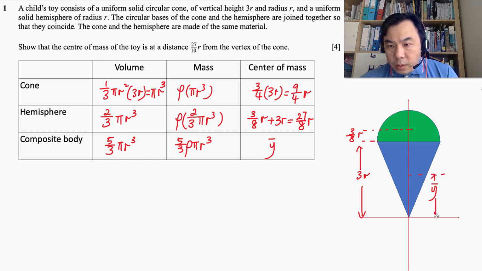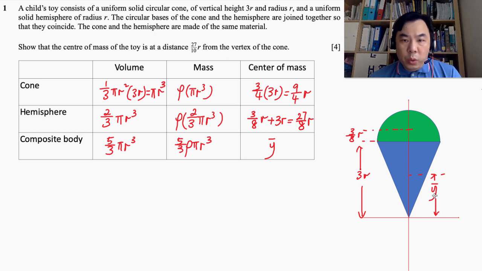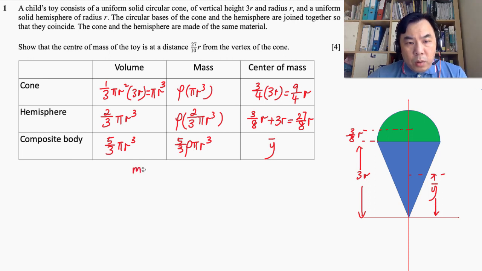And then do pay attention to the reference frame. So I'm measuring my center of mass for the composite body with respect to the vertex here. Okay, so this is what we would expect to get for our center of mass here, right? So by using the principle of moments, we know that the sum of moments for all the individual rigid body components would be the same as the moment for the composite body.